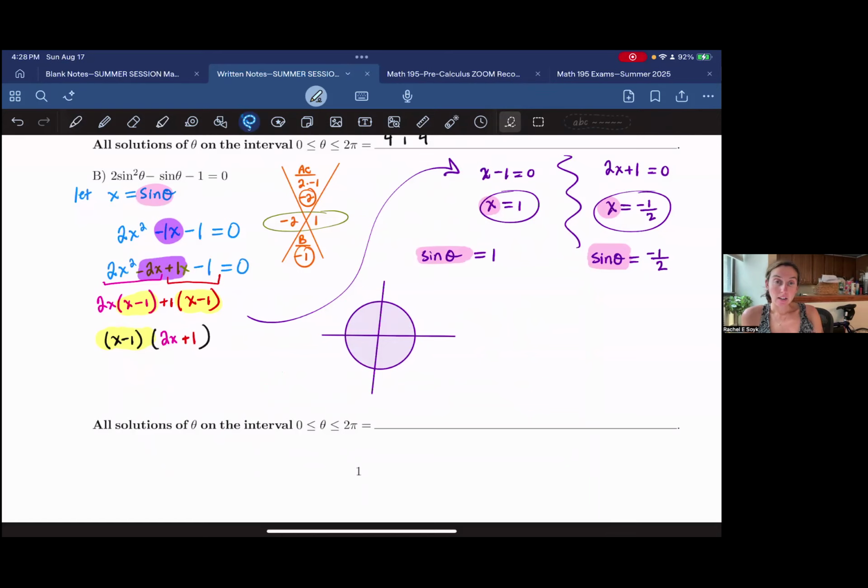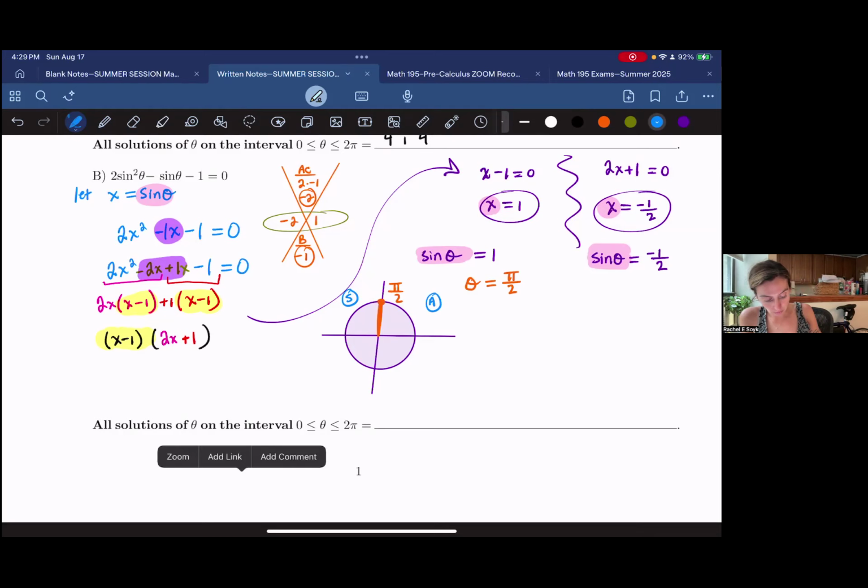And sine of theta is equal to 1. The only solution that makes this possible along those bounds 0 to 2 pi is our pi over 2. So theta here is equal to pi over 2, aka 90 degrees. And now for sine of theta is equal to -1/2, in those first two quadrants, our sine is positive.